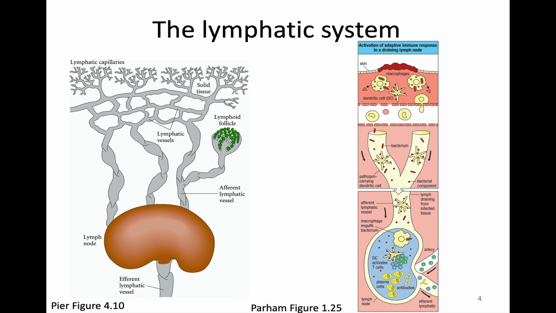The really useful thing, in addition, about the lymphatic system is that at different places throughout this system, there are little specialized organs that do surveillance on this liquid that's going through.